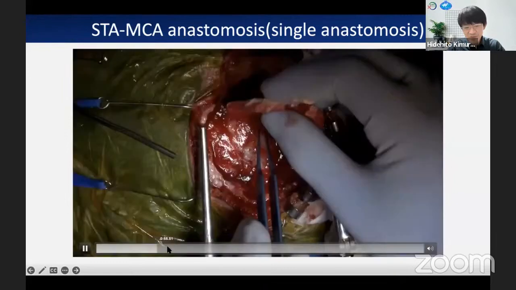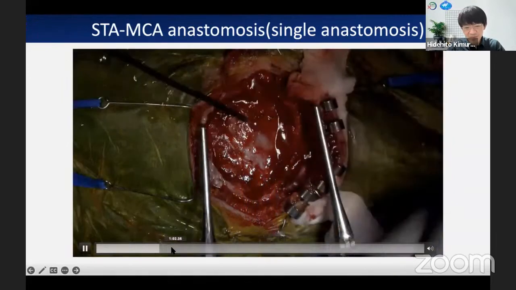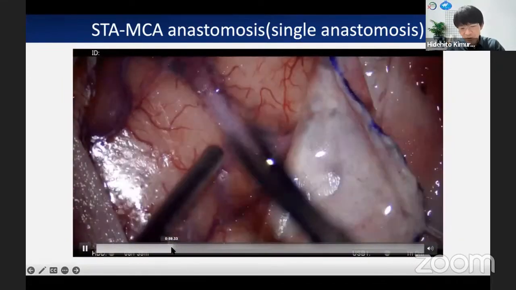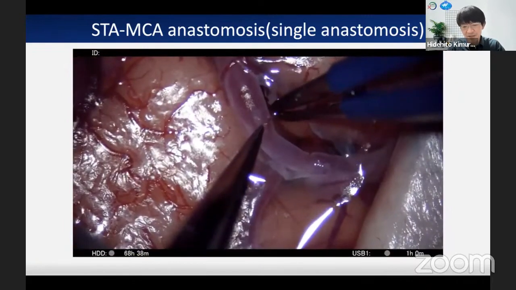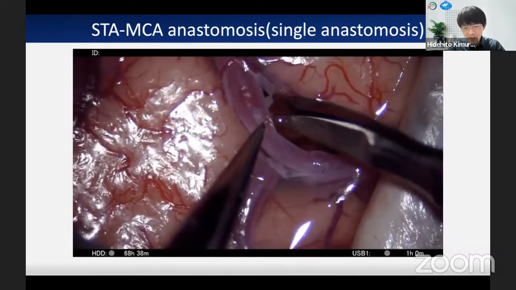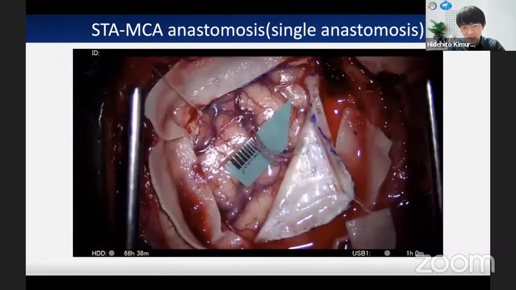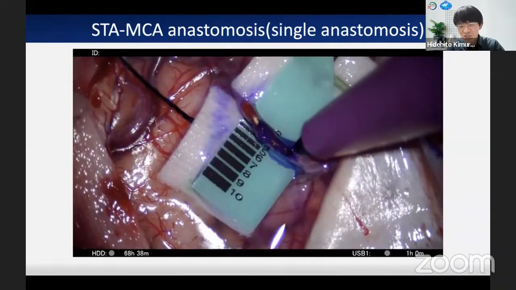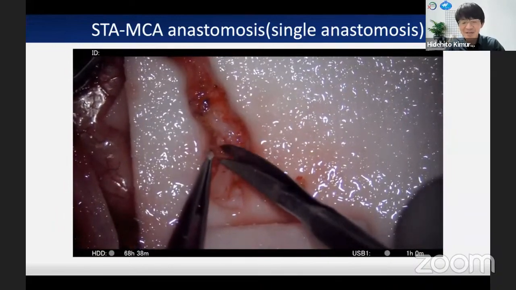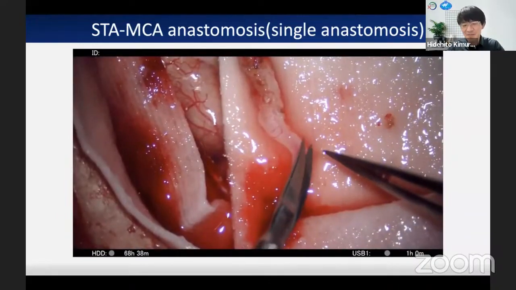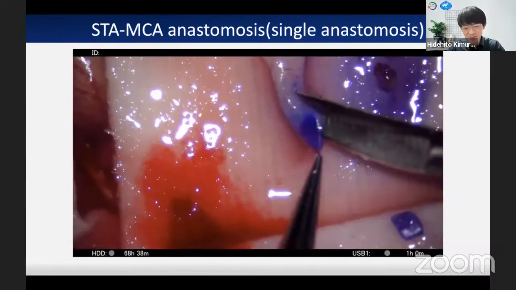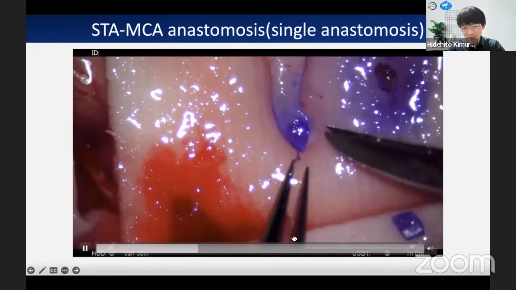A small craniotomy is performed, the dura is opened, and the recipient artery can be identified. A pinkish recipient artery is a good candidate, a good recipient. A reddish one is sometimes difficult to suture for the bypass surgery.